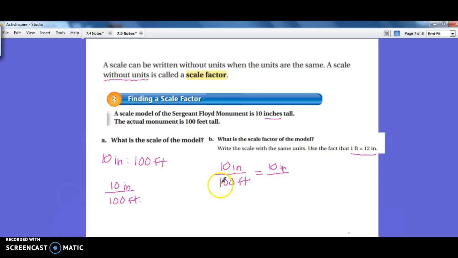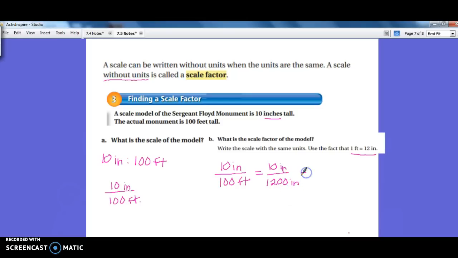So if I multiply 100 feet times 12 inches, that's going to give me 1,200 feet. I'm sorry, not feet, because we just converted it to inches, right? So this needs to be inches.